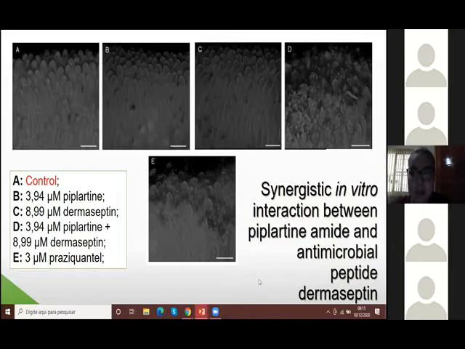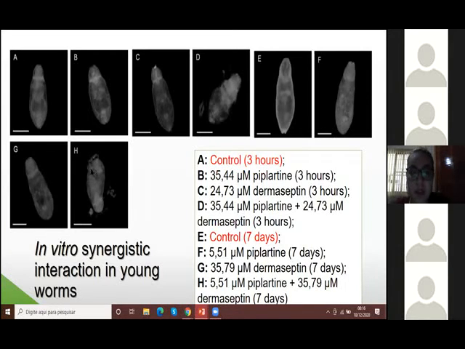We identify this synergism here, demonstrated in image D, the alterations of pigment, and this synergism led to the death of the worm, and the young worms too. We identified synergism, demonstrated in this image with the alterations of the teguments of the young worms. This study was published in Current Medicinal Chemistry in 2013.